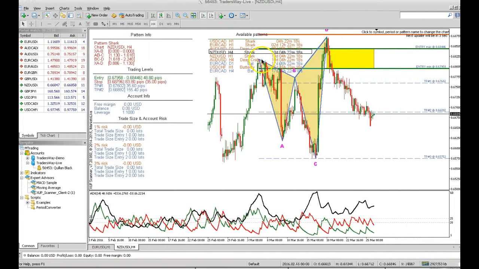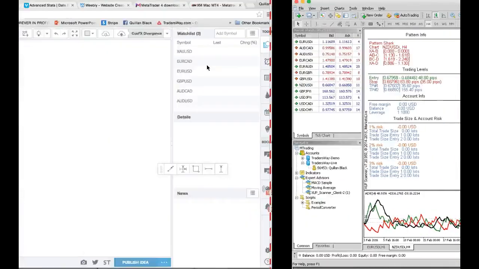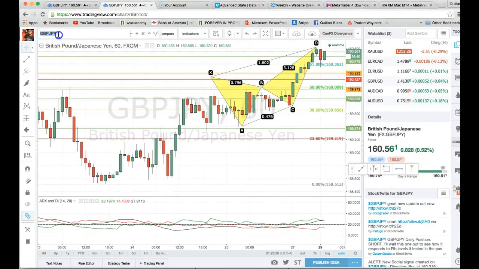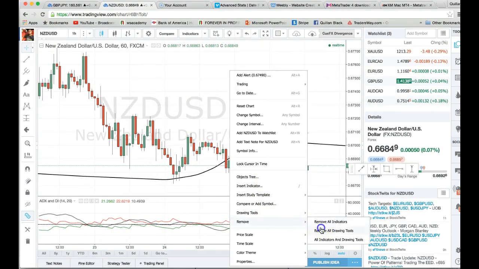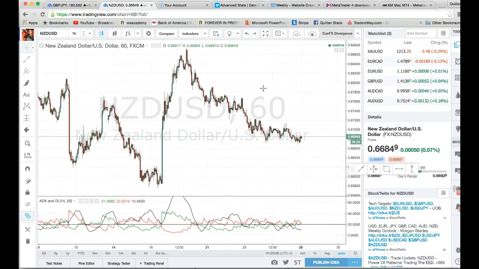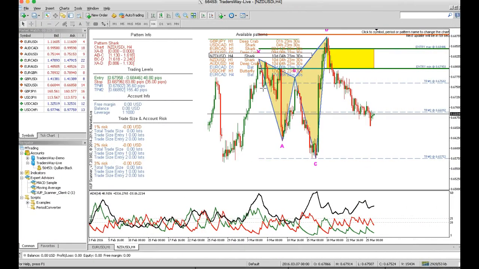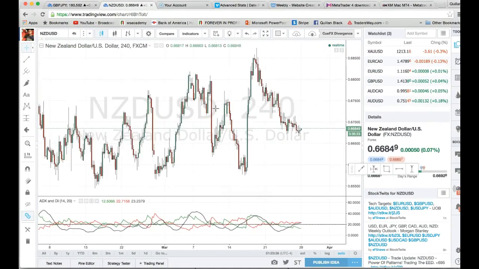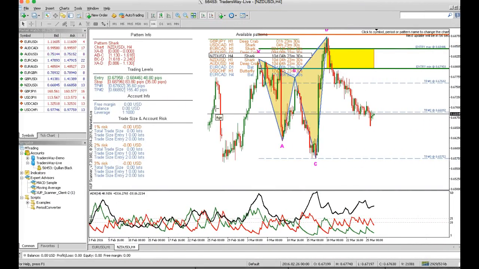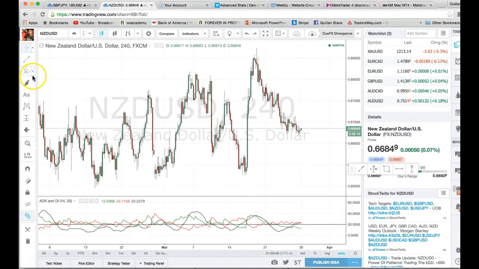Let's say I want to look at this pair right here, which is, what is this? NZD USD. All I'm doing is basically taking the information that the scanner is giving me and throwing it on the charts, then adding my technicals to it.